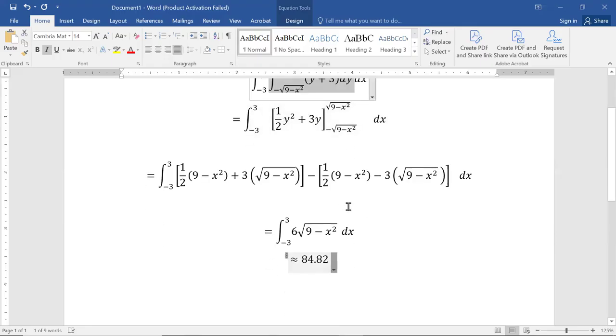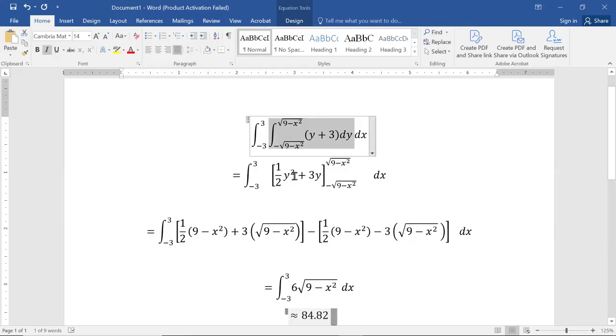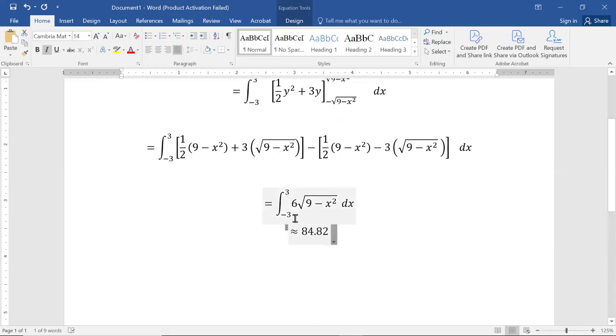The other one I can do, if you have a CAS computer algebra system, oftentimes you can do that. But with numerical bounds, most graphing calculators will do a definite integral with numerical bounds.